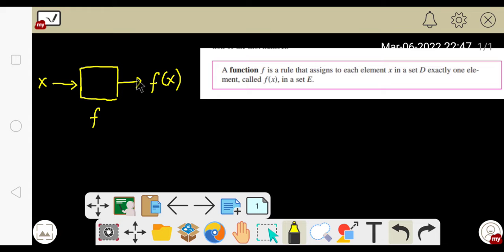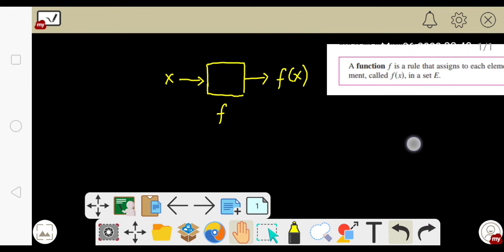So, in other words, there is a distinct output for every x. Okay? For example, we have this function f of x is equal to 2x plus 1.